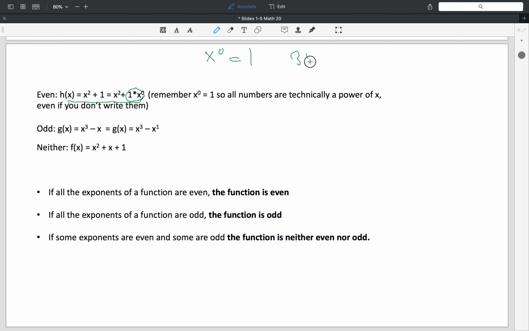So if I get 3x to the 0, I get 3. If I do 1, that's going to be the same as 1 times x to the 0. And notice that 0 is an even number. So both of these exponents are even.